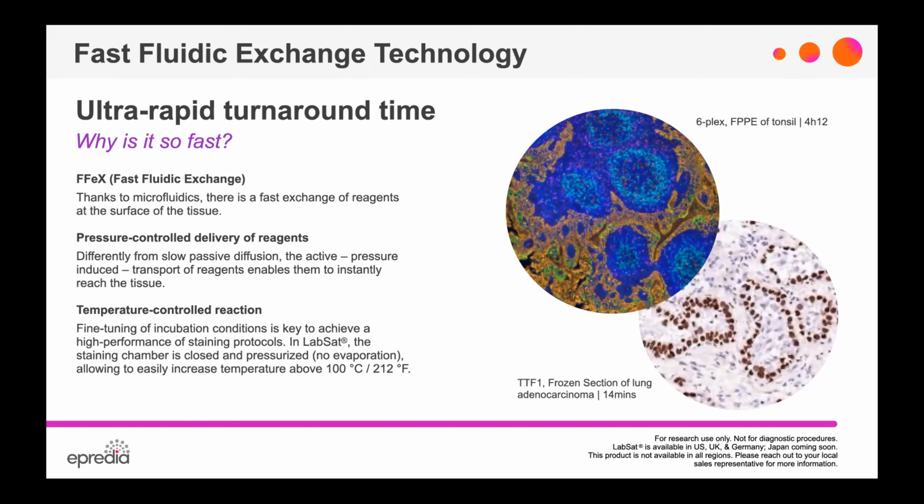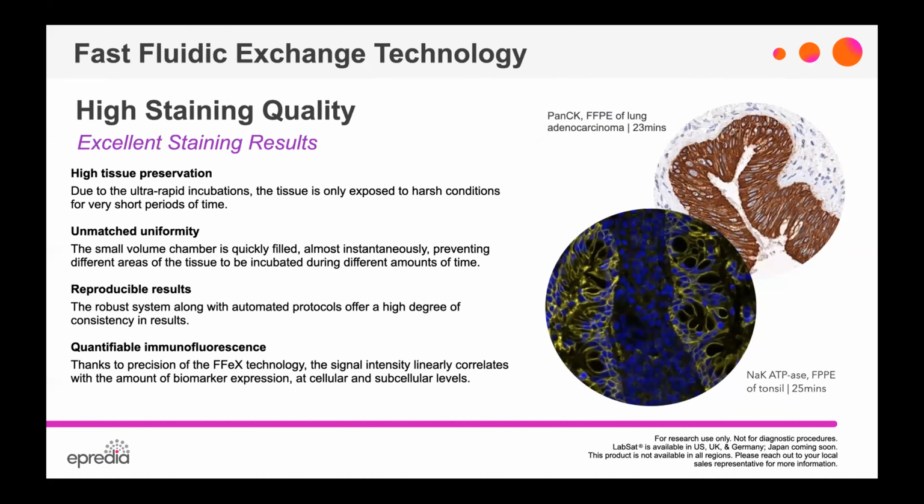This keeps everything at a nice homeostatic environment so that you're able to conduct these things reliably over and over again. And the results speak for themselves. We've got phenomenal results with various multiplex and even single staining on here so that you can see when you go into scanning later on, you're able to go through and get good, consistent, quantifiable results.